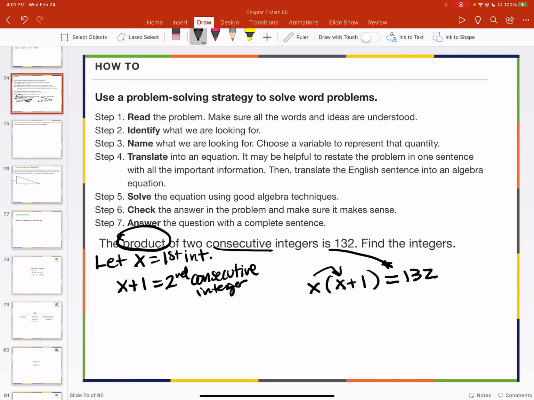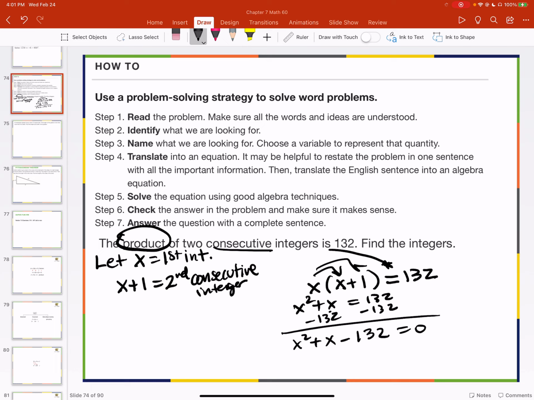So what do I have here? If I distribute this x on the left-hand side, I get x squared plus x is equal to 132. Okay, I need to set the right-hand side equal to 0. So then I get x squared plus x minus 132 is equal to 0. So finally, what are the factors of negative 132 that combine to become 1?